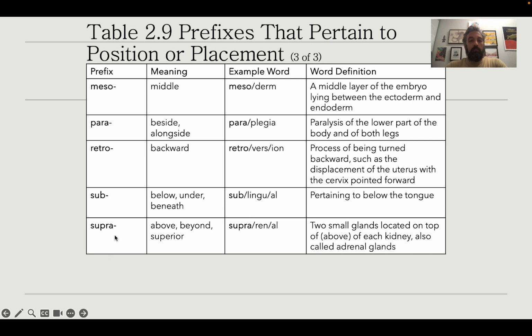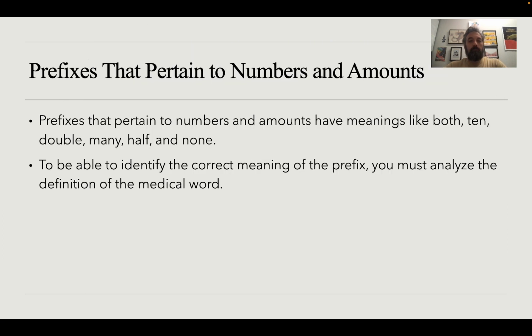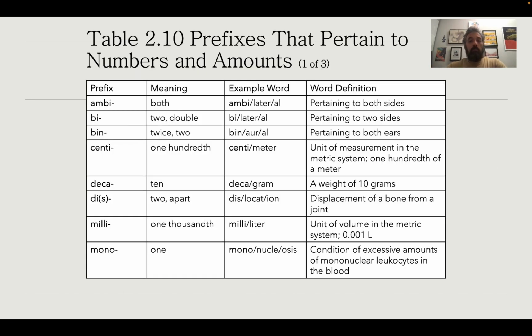Here's some more. Sometimes you'll have prefixes that pertain to certain numbers or amounts of things. They can have meanings like both, 10, double, half, many, none. And once again, you have to look at the actual term. So we do have the bi, di type of issue again.